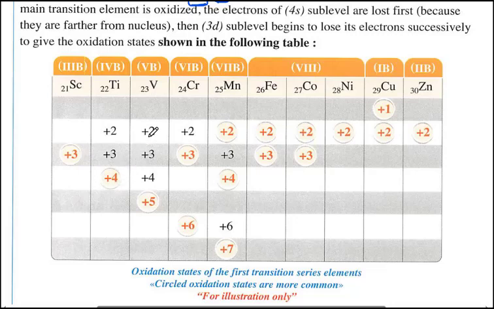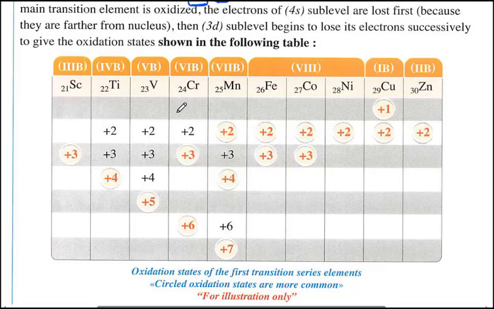Okay, vanadium here 4s1 3d3, it may lose 2 electrons from the 4s first and acquire the oxidation state of positive 2. It may lose 2 electrons from the 4s and 1 electron from the 3d, or 2 electrons from the 3d, or all the 3 electrons which exist in the 3d.